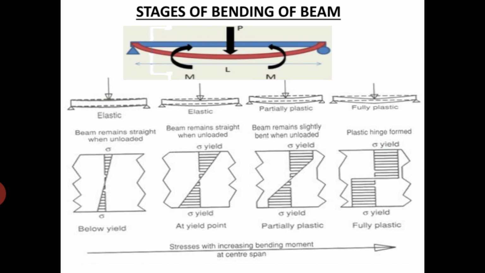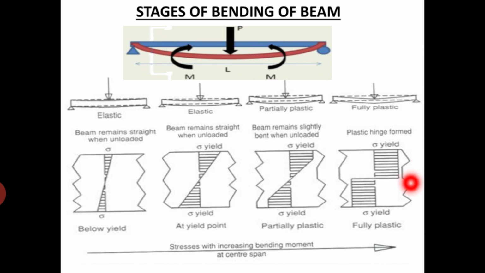The bending moment that causes the whole cross section to reach the yield stress is termed as the plastic moment of the cross section. You'll get that plastic moment in this section.